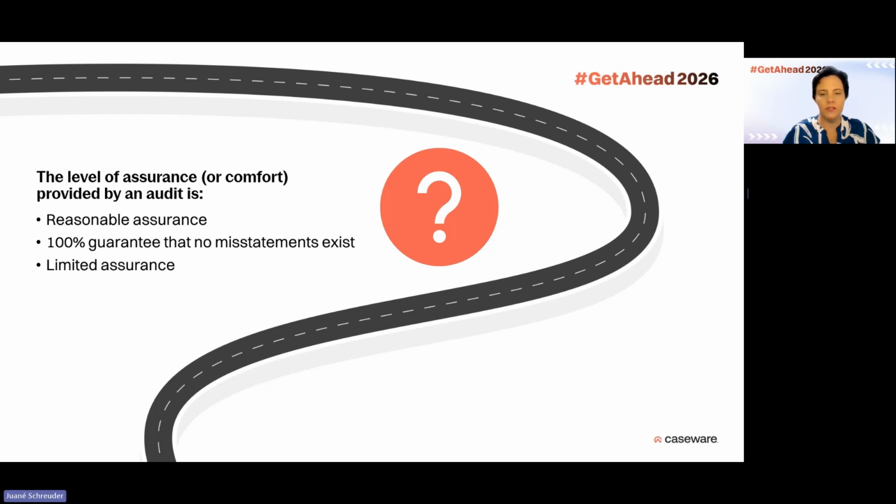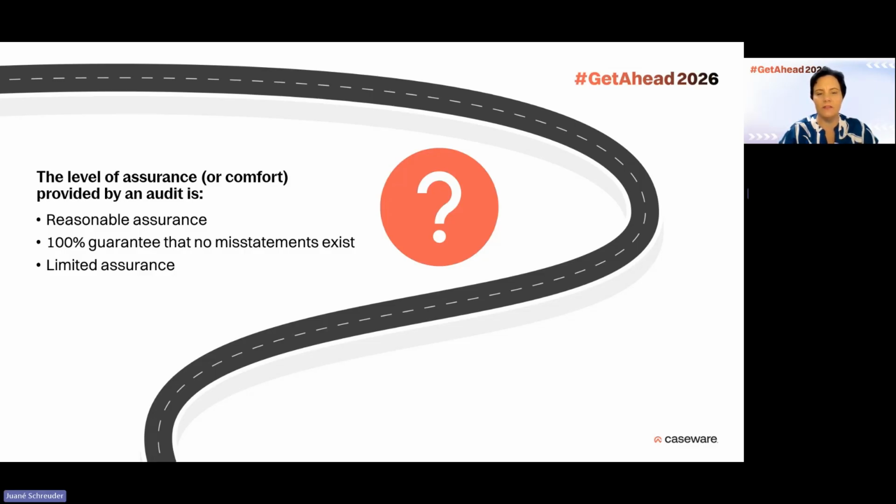I don't see a lot of movement on this poll. I do see some people are responding. Also in the chats, I see quite a number of chats. Thank you for that. Let's see. Are you wondering about it, thinking about it? When we do an audit, we give assurance.